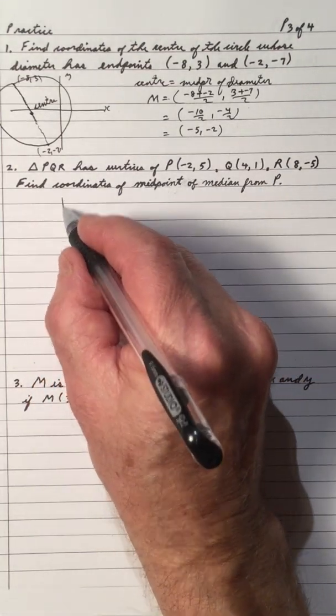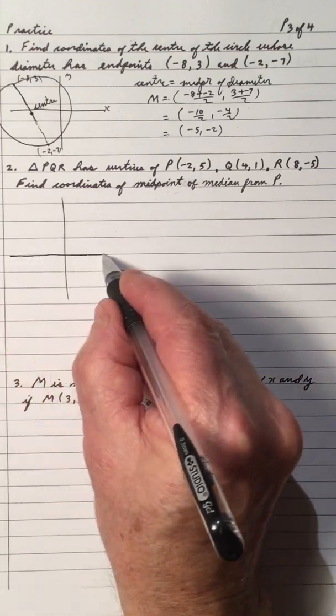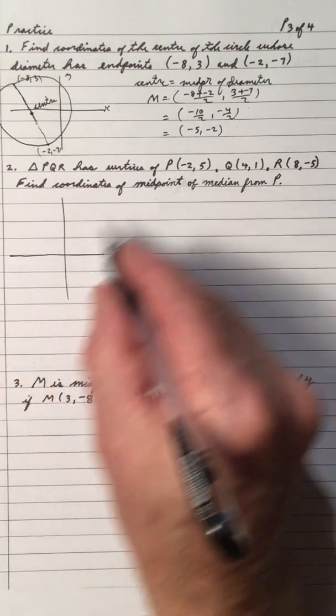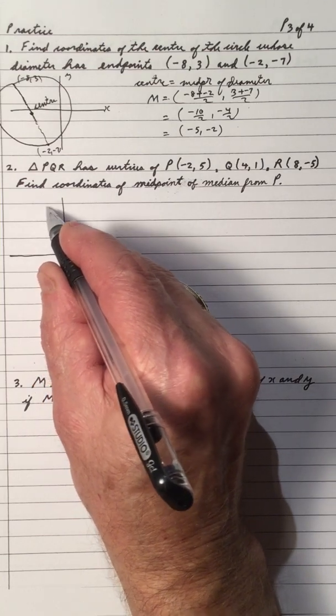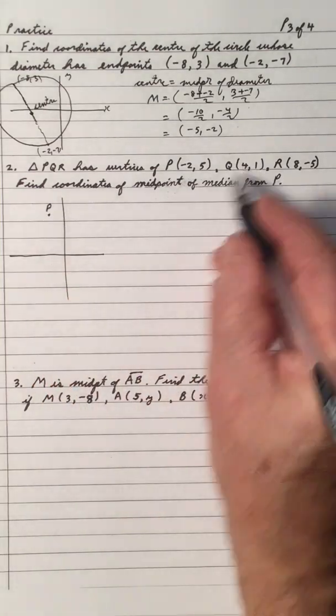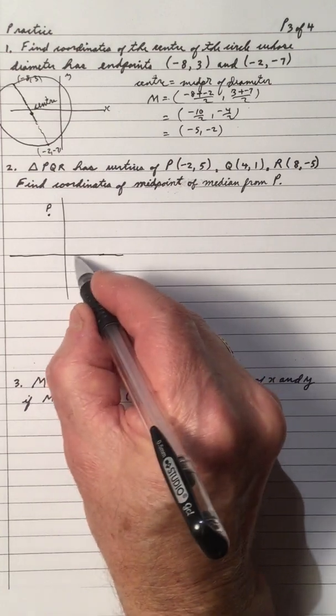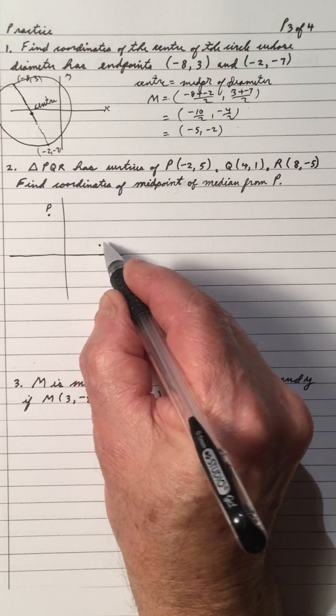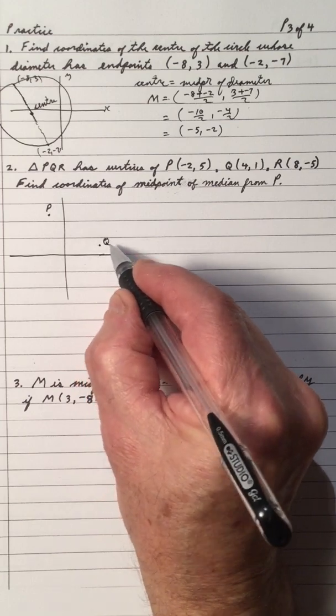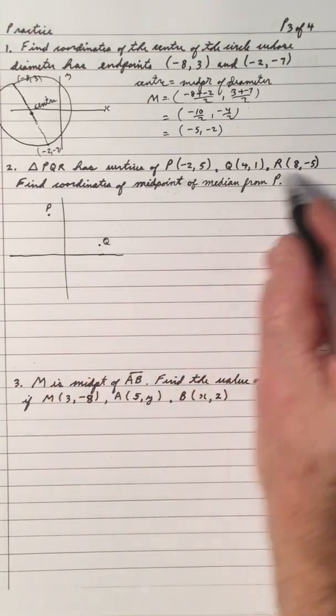So let's draw a diagram quickly. P is negative 2, 5. Let's pretend that negative 2, 5 is there. Q is 4, 1, so let's say that's 4, 1. That's Q. And we have R at 8, negative 5.